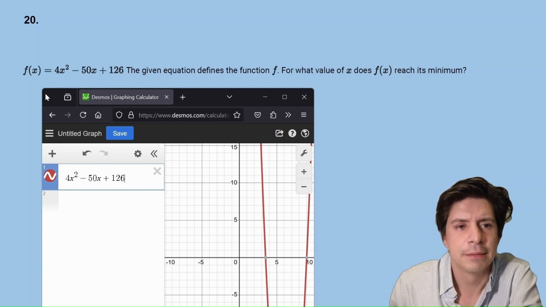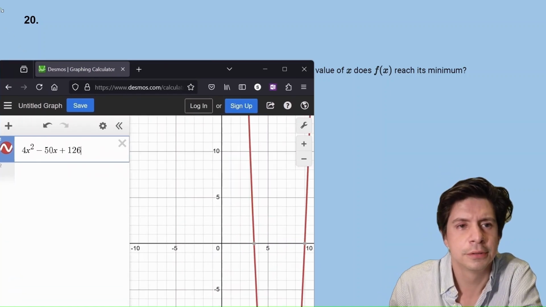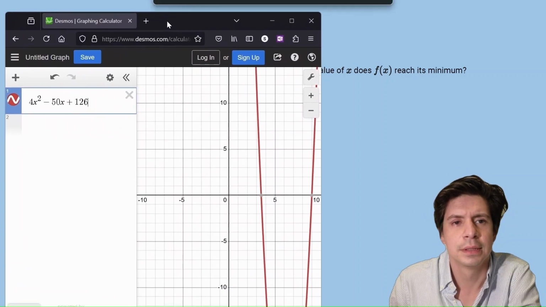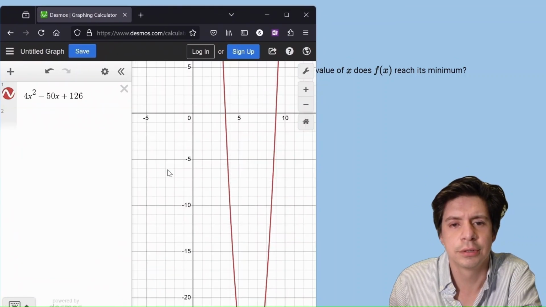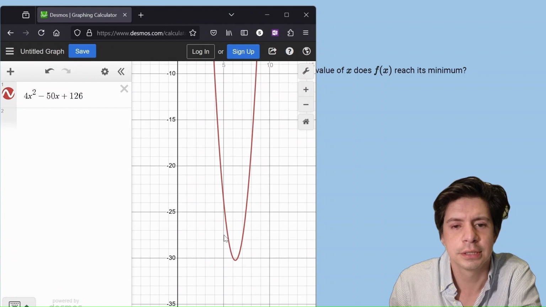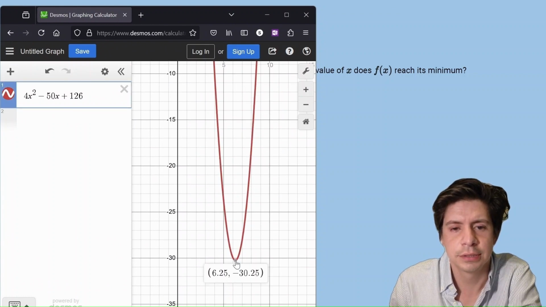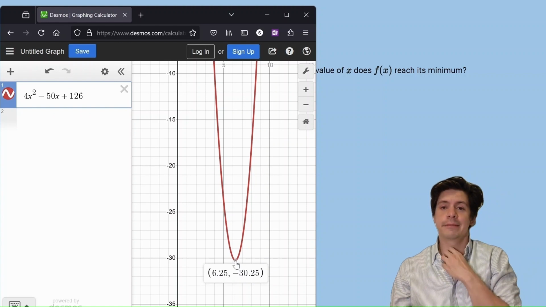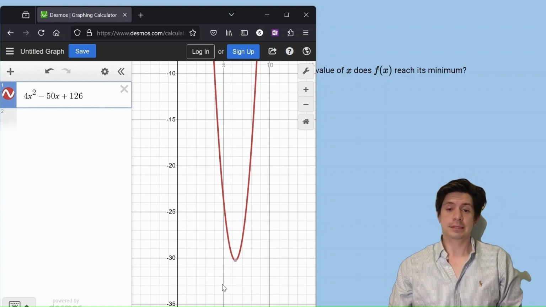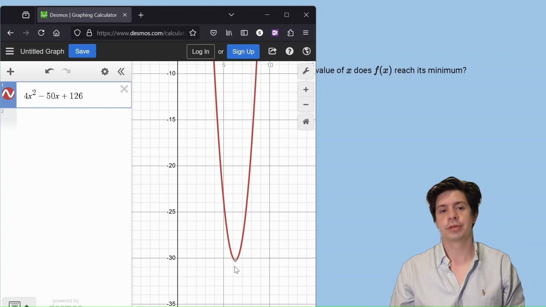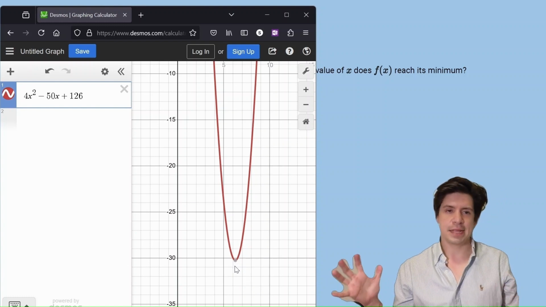Okay, I'm going to make this a little bigger for you all. Let's see, so we want to go to the vertex, here it is, and there it is, right? So we have 6.25, negative 30.25, and 6.25 is the x value, which is what we got. So again, we got our answer, 6.25.